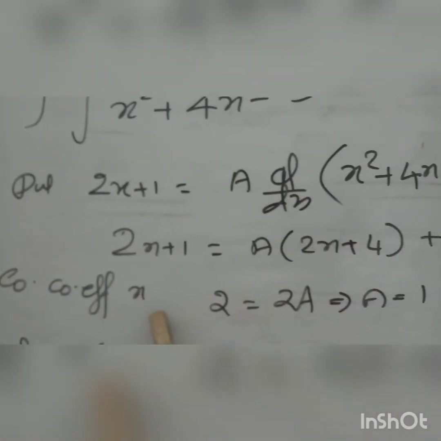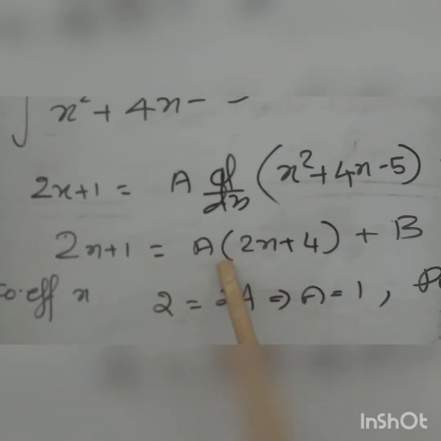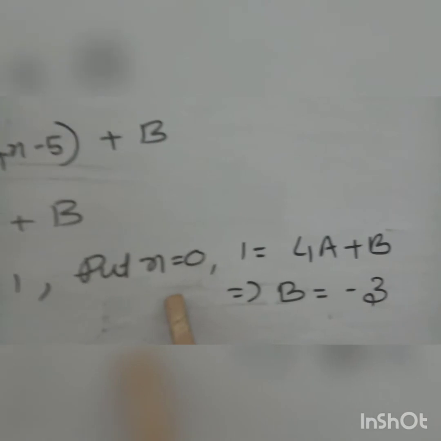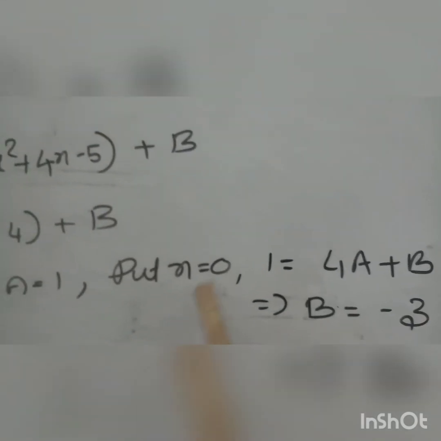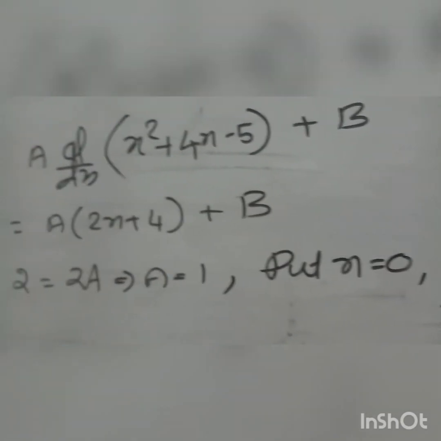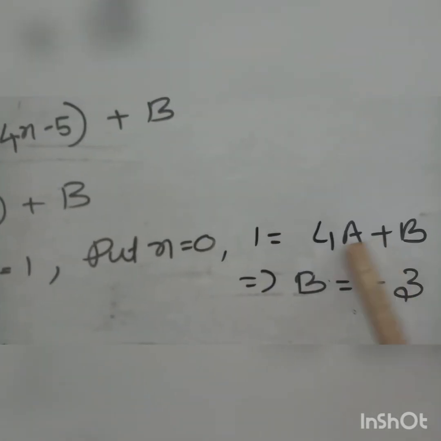Comparing the coefficient of x on both sides, 2 is equal to 2a, so the value of a is equal to 1. Next put x equal to 0. Simplifying, the left side 1 is equal to 4a + b. Put the value a = 1 in this one, b is equal to −3.